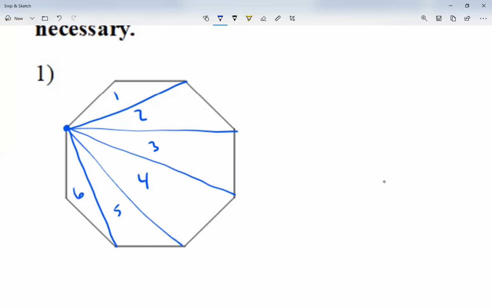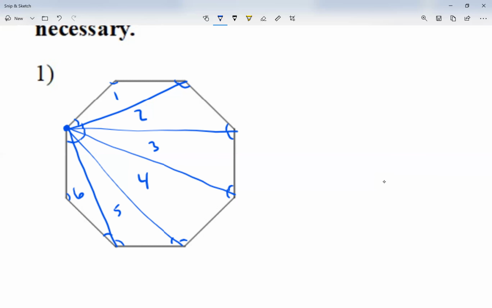Now, when I look at the angles of my triangles, if I was to add all the angles of my triangles, I'm basically adding all the angles of my polygon. See that? Now remember that the angles of a triangle add up to 180.